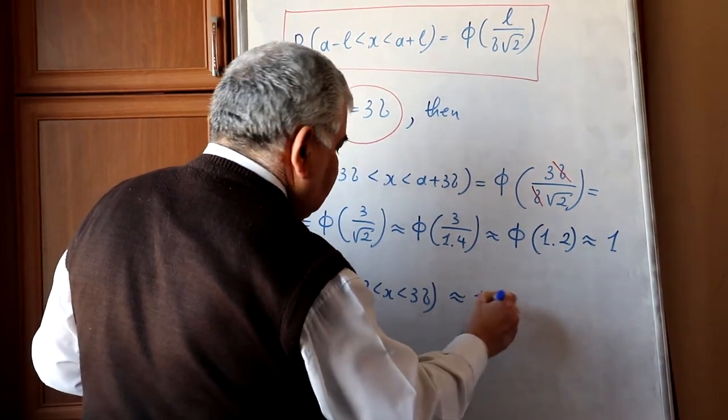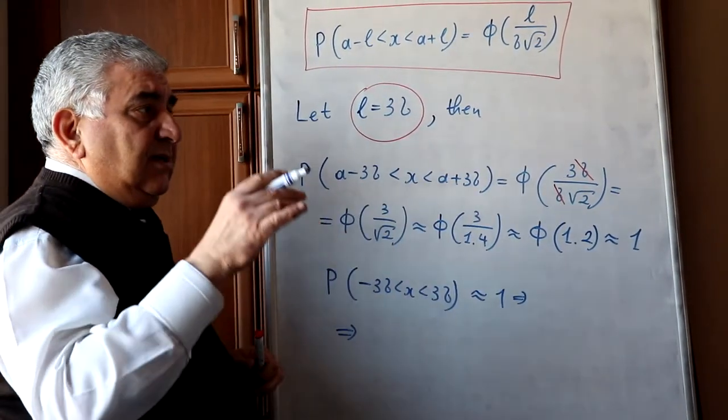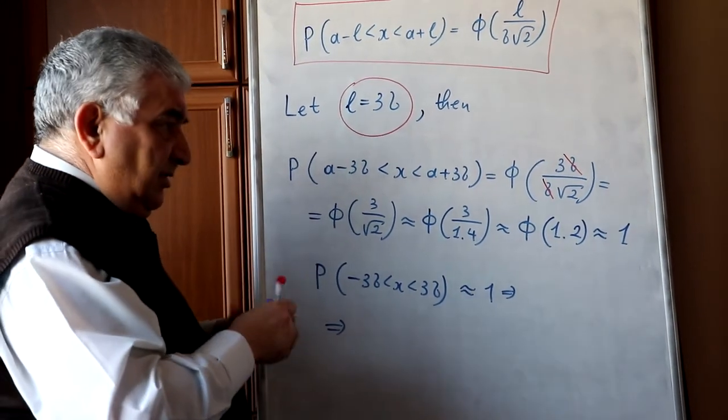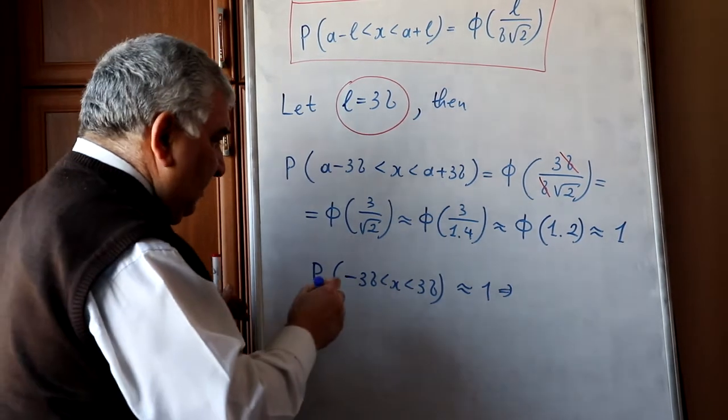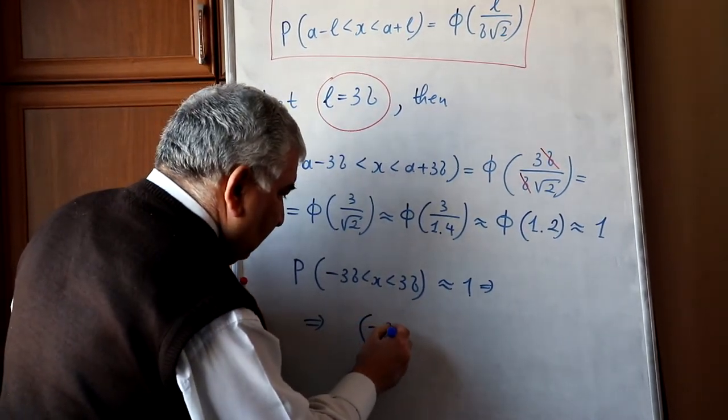It means our continuous random variable with the normal distributive density will always belong to the interval from minus 3 sigma to plus 3 sigma.